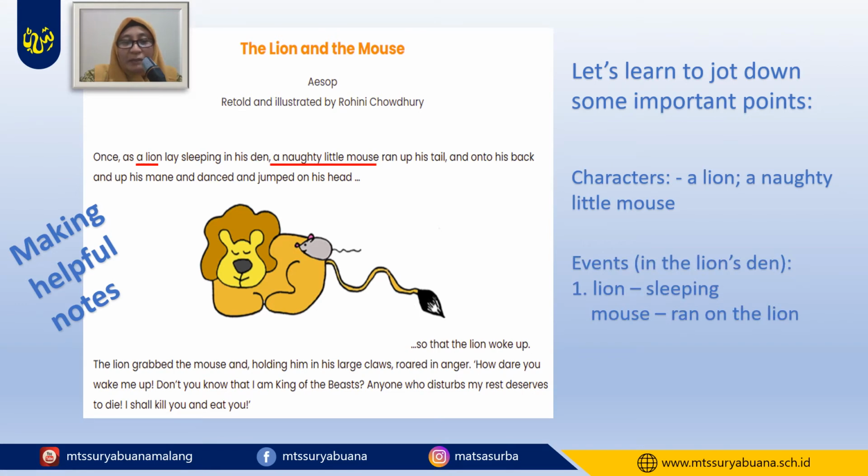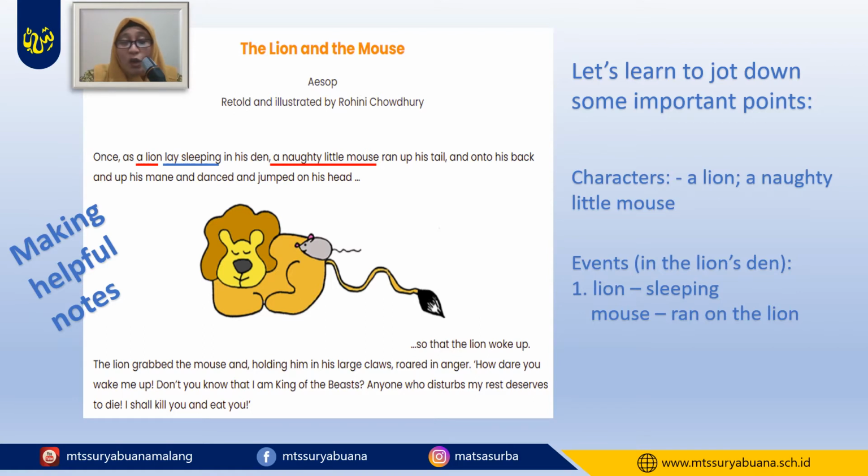Okay, then what happens? Let's start to look at the events. This first event happened in the lion's den. The first is the lion lay sleeping. So we can write down lion sleeping.